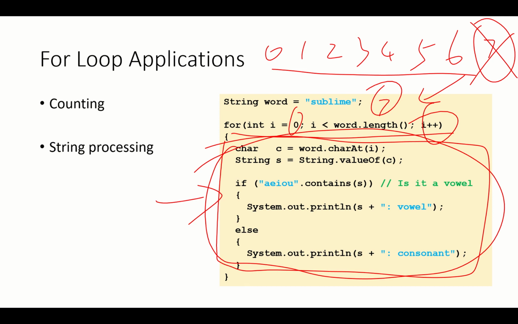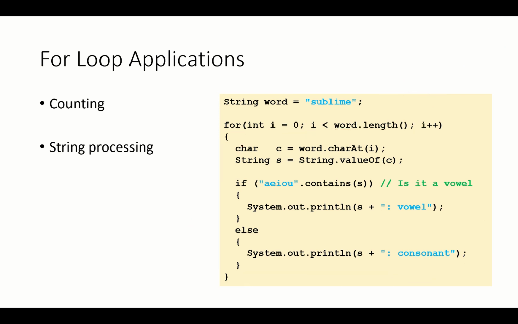Okay? After you know that, you should know what this method means. So for the i, in the first iteration, i would be 0, right? Correct? So charAt(i) will return the letter at index 0.